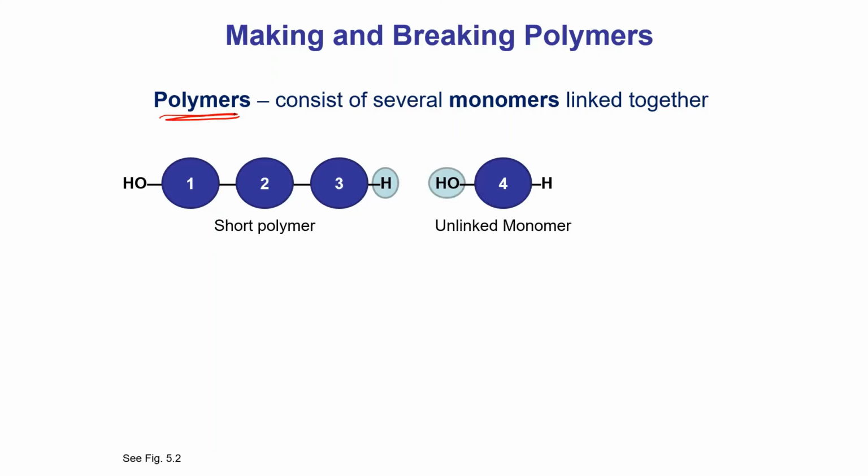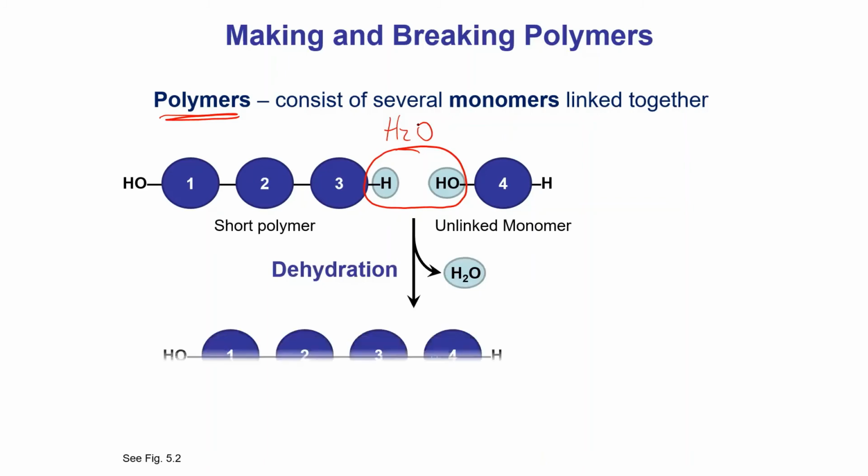So I'll show you how that works. If you take a look here, here's our little short polymer, and we've got one monomer. A monomer means one. And what we have here is H, H, O. If you count that up, that's H2O. Removing that H2O is a dehydration, and there goes a little water molecule.